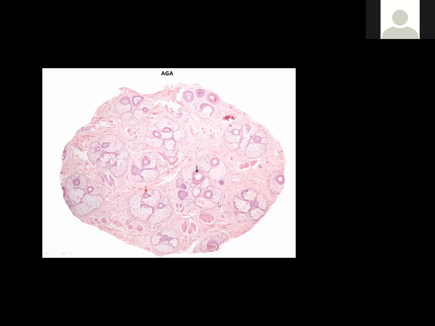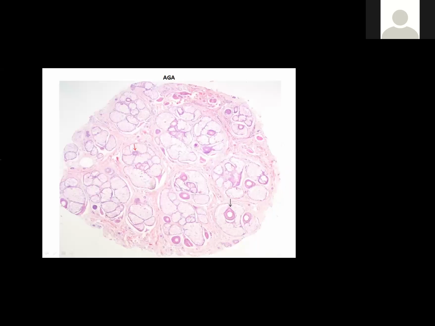Also in androgenetic alopecia, because there is a premature shift of the majority of the hair follicles from the anagen to the non-anagen phase, that is the catagen and the telogen phase, we see an increased number of hair follicles in the non-anagen phase. As you see here, my pointer points to a catagen hair, this flower-shaped telogen hair, again a catagen hair.